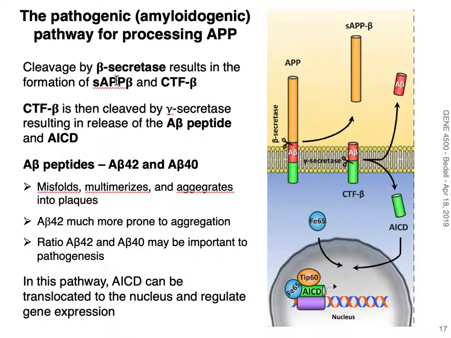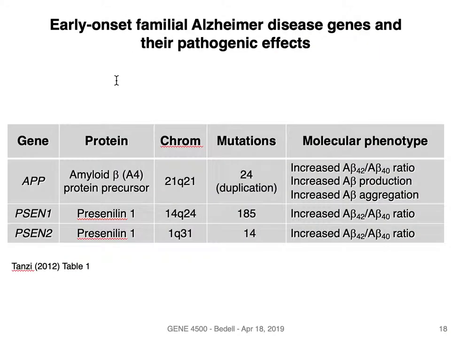So if you change that cleavage site, you're changing the processing. The ratio is altered with APP proteins. Remember, these encode the secretases. They all are associated with different ratios of A beta 42 to A beta 40. This has increased A beta production and aggregation.